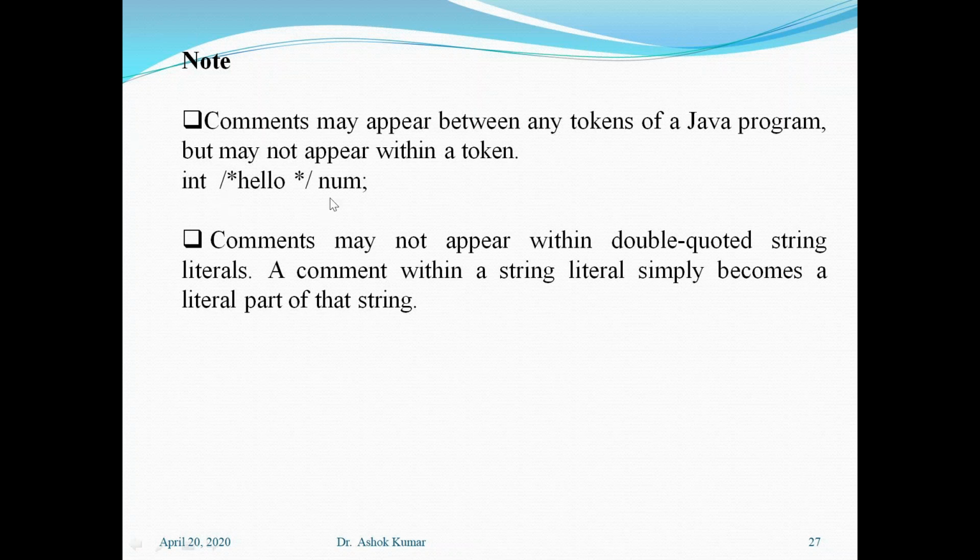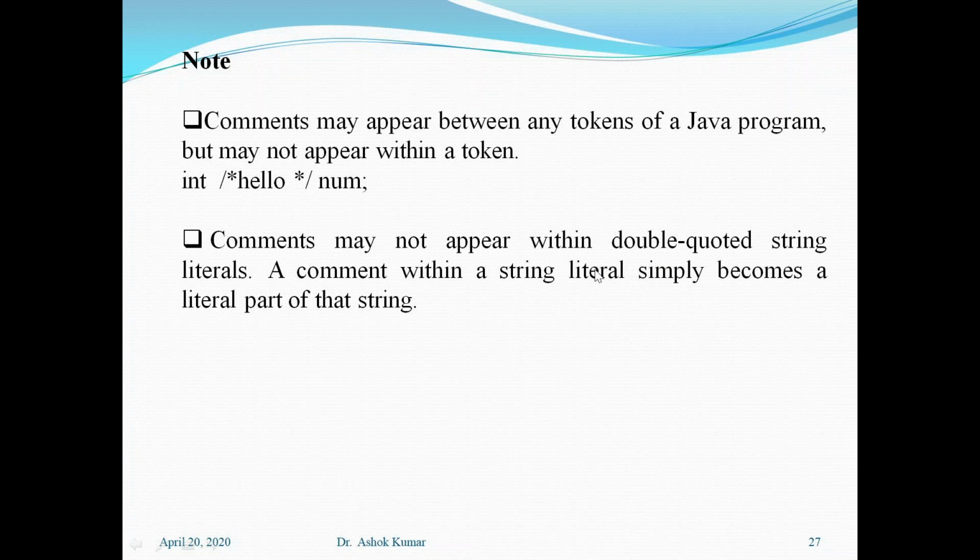Int is one token and num is another token, and I have written one comment between these two. The next important point is that if you write any comment within double quotes, then that will be treated as a string literal. That will become part of the string.